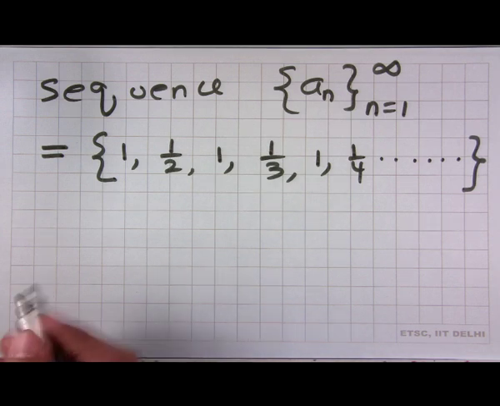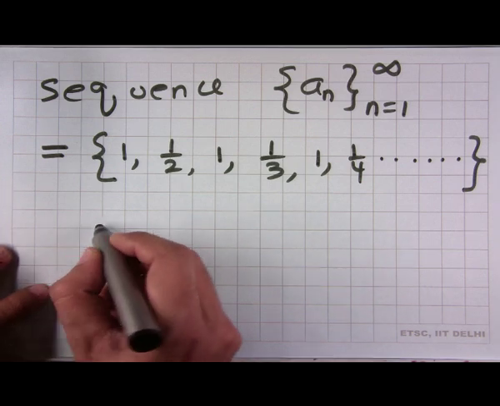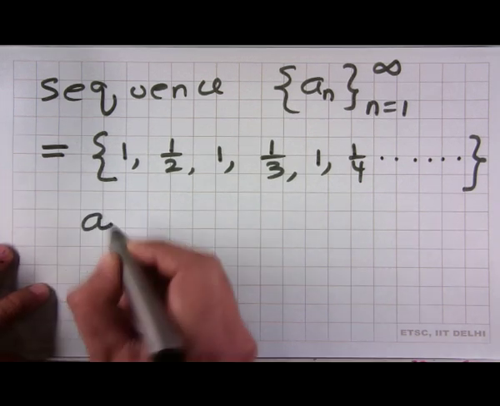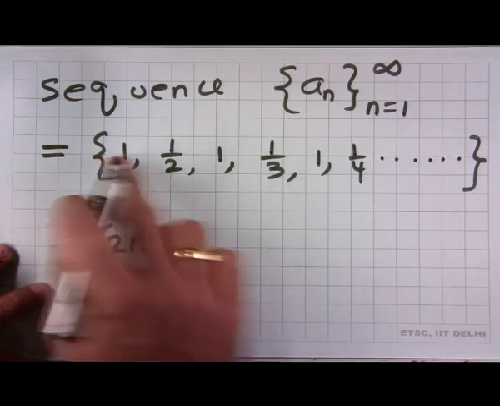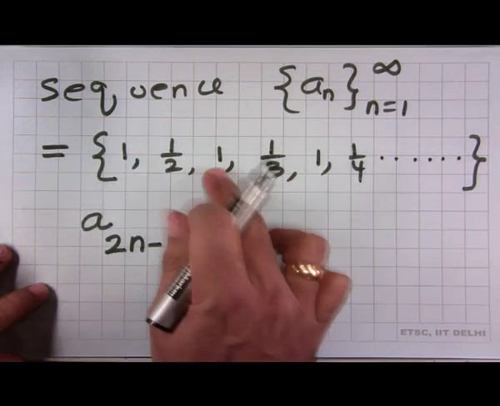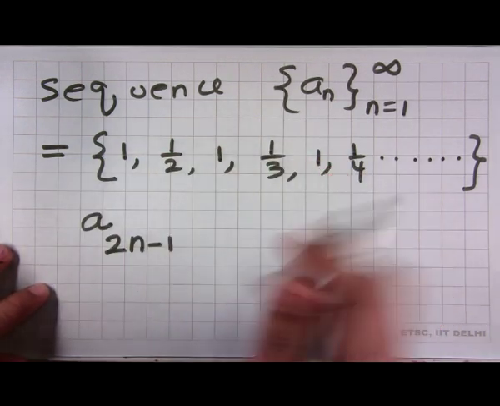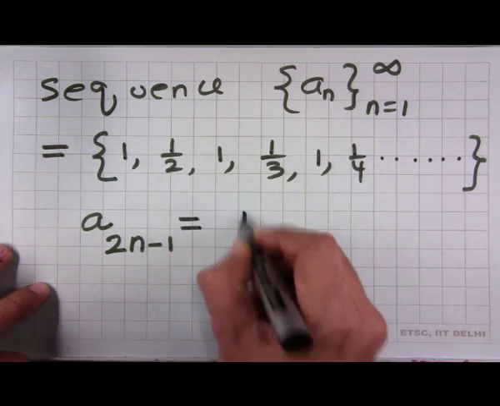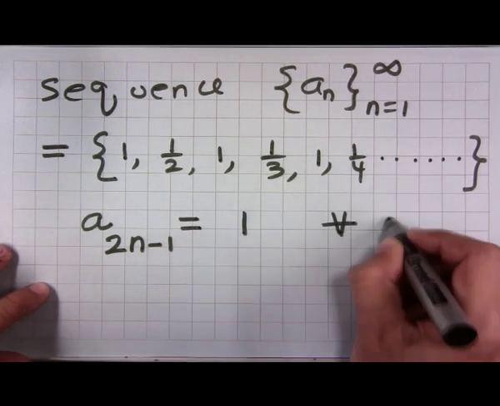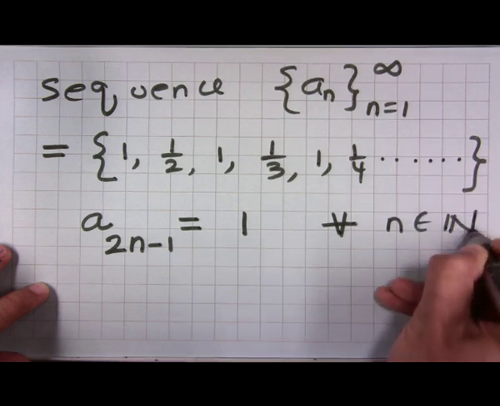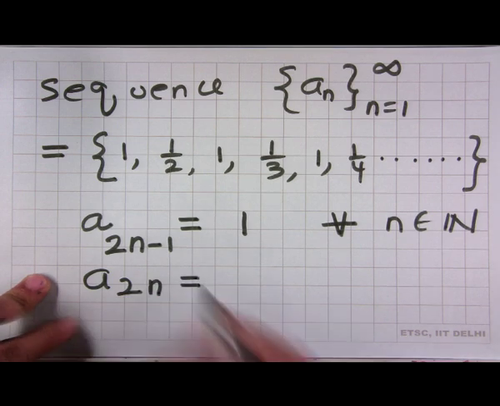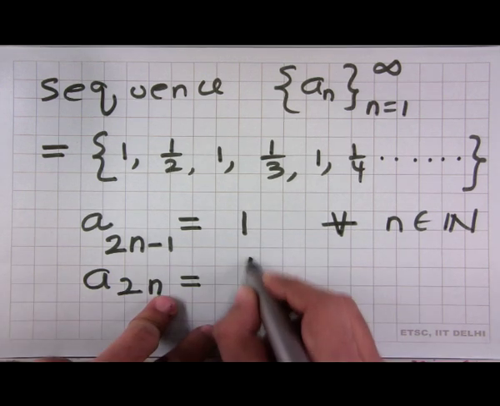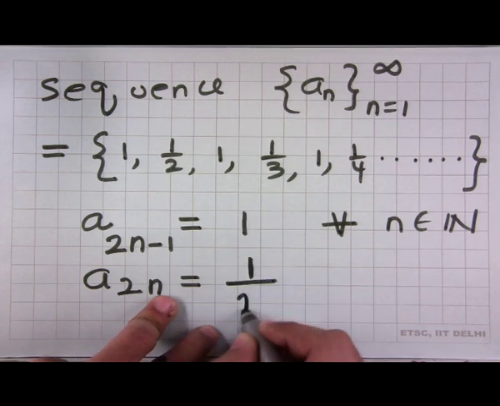More precisely, it can be described as follows: a_(2n-1), that is the odd terms, first term, third term, fifth term and so on, is 1 for every n in N, and the even terms, second term and so on, are of the form 1 by n.